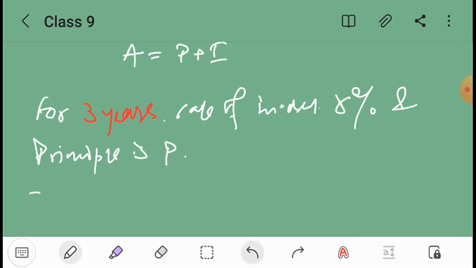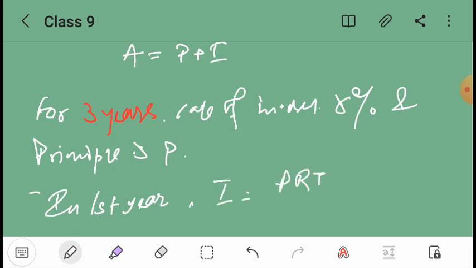In the first year, the interest is PRT by 100, only simple interest here. T here is actually 1, so we have PR by 100 rupees.